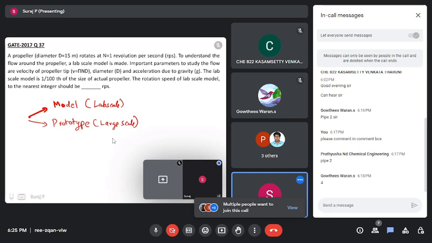Geometric similarity means that the ratio of these two sides, that is A1 by B1, should be equal to A2 by B2. Here the small one is the model and the large one is the prototype. So this is the geometric similarity.